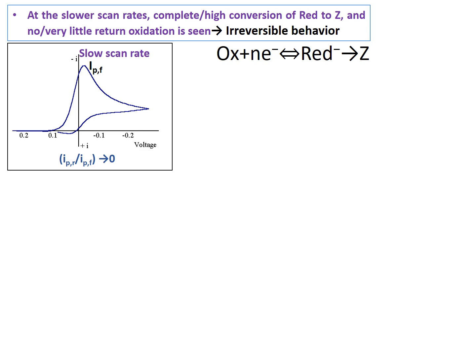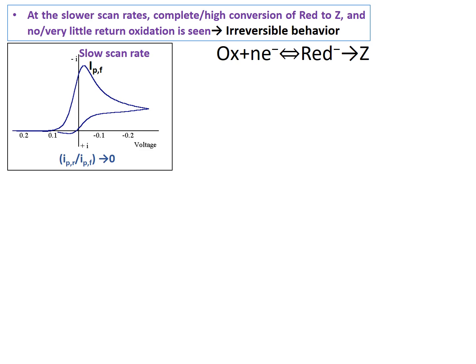Now at a slow scan rate, enough time passes between the initiation of the reduction of the OX species and complete conversion of the RED to Z via the chemical reaction. Enough time lapses. That is why you can see no return oxidation peak in the cyclic voltammetry plot.